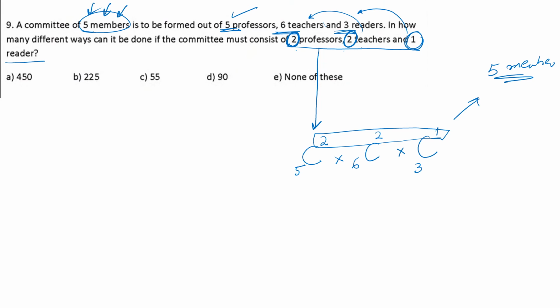At least one situation means total minus no one in that situation. For example, select at least one green ball. It means total minus no green ball. So no green ball means whatever the remaining balls are, you do the selection from there.